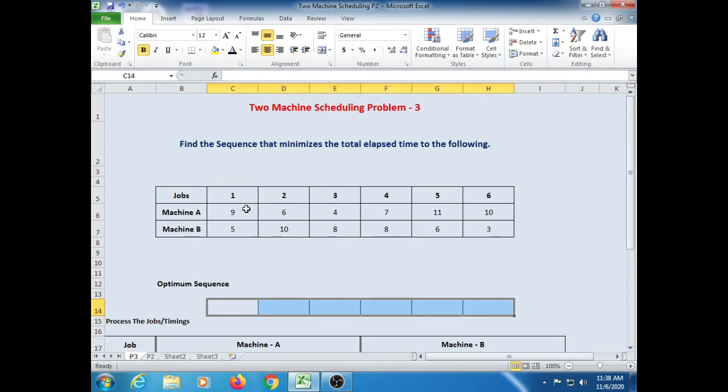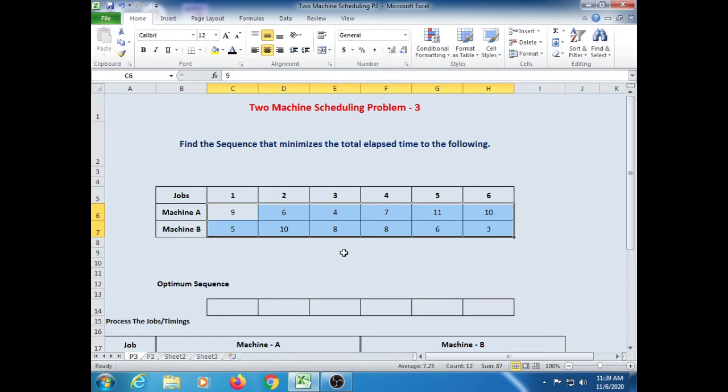For finding out the optimum sequence, we have to take all the processing times. These processing times are related to machine A and these processing times are related to machine B. So we have to consider all the processing times while finding out the optimum sequence. Among all the processing times, we have to identify the lowest processing time.